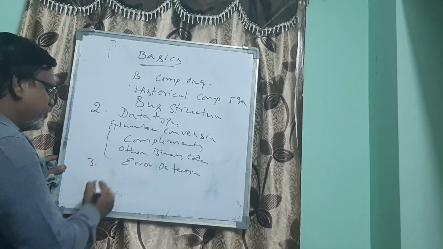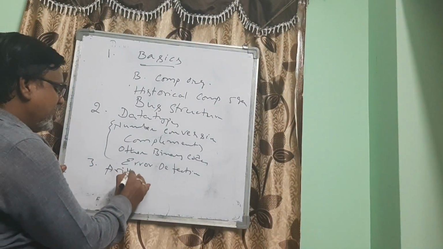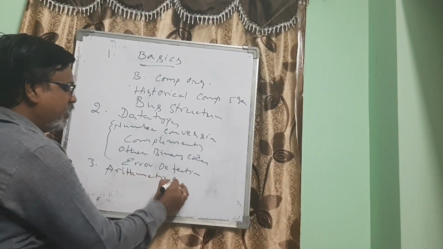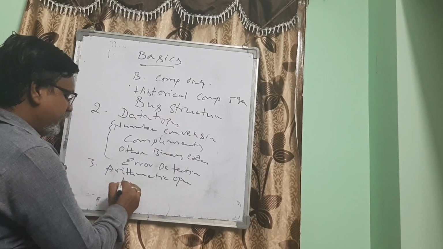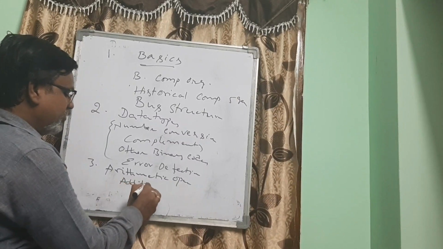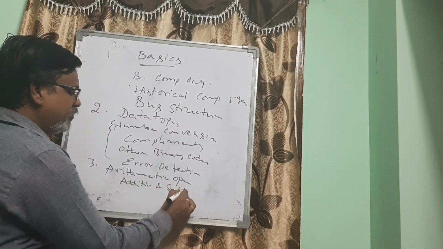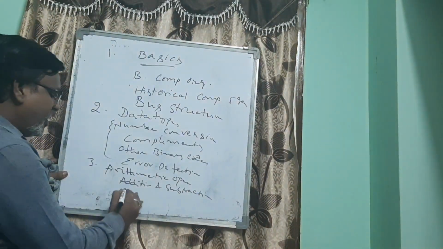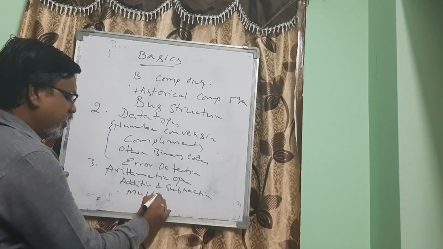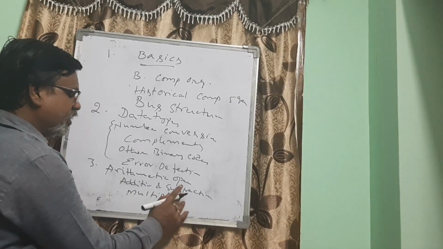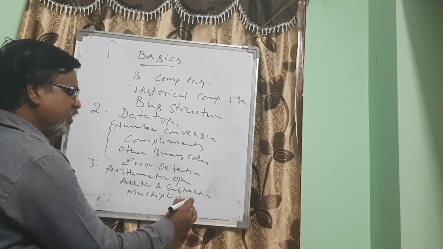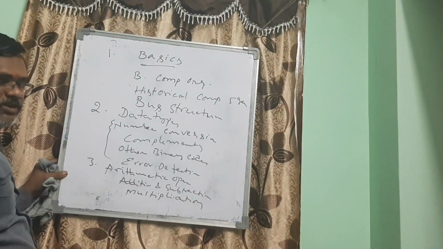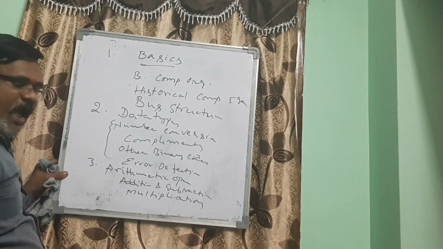And the third one is arithmetic operations. In this we discussed the addition algorithm and subtraction algorithm using the two's complement method and the general method, and then multiplication algorithms. There are 3 multiplication algorithms: the general multiplication algorithm, Booth's algorithm, and array multiplier.